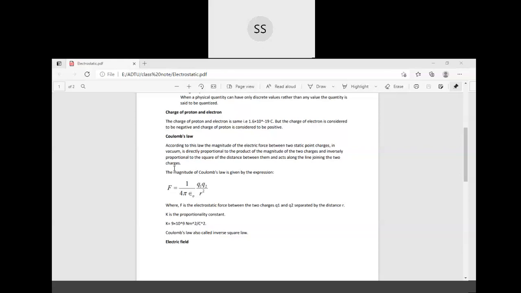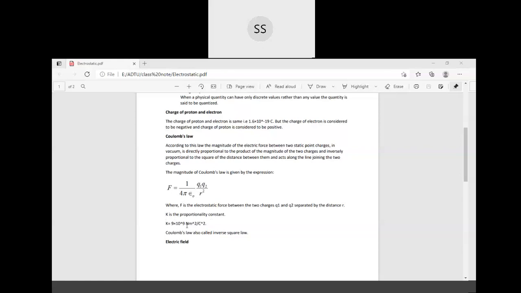K is the proportionality constant, or in place of K, we can write 1 by 4 pi epsilon naught. K and 1 by 4 pi epsilon naught have the same value. The mathematical value of K is 9 into 10 to the power 9 Newton meter square divided by Coulomb square.